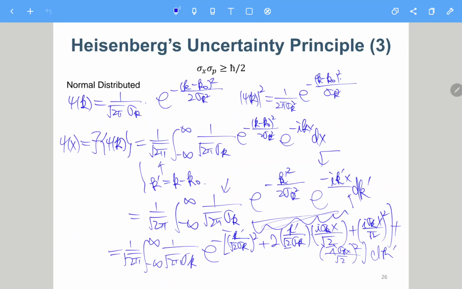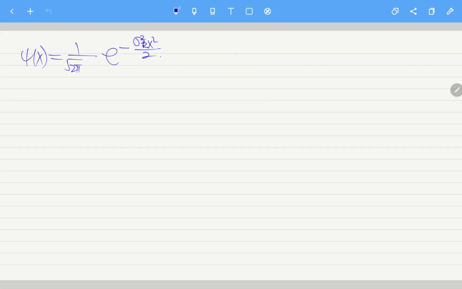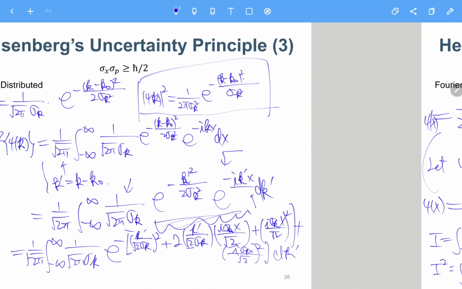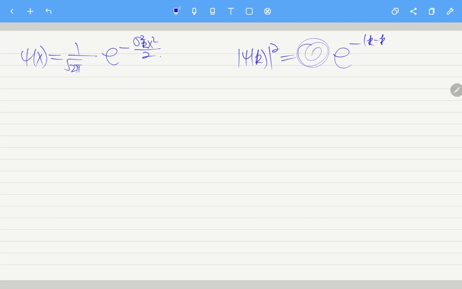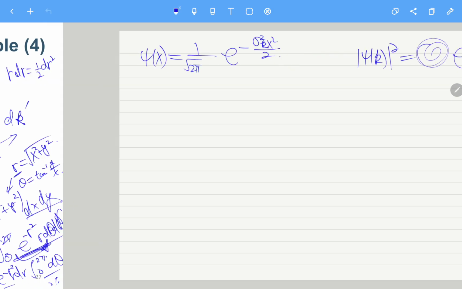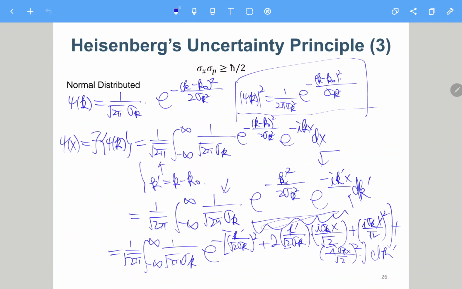And yeah, referring back to here, we have this one, phi(k) squared. Phi(k) squared is something times exponential to negative (k minus k0) squared over sigma_k squared, like this.